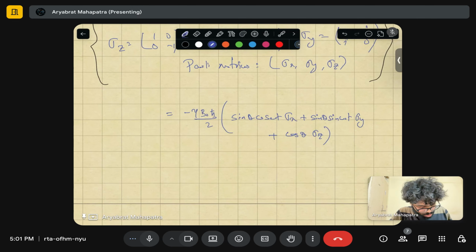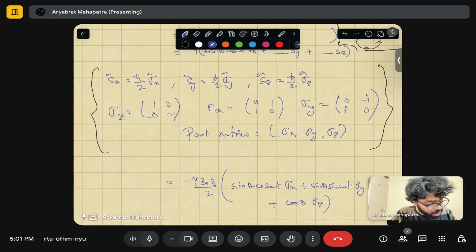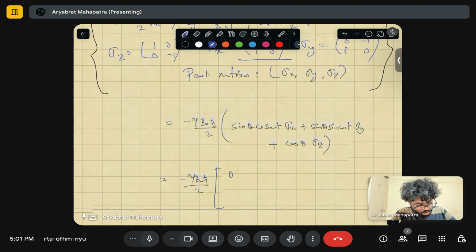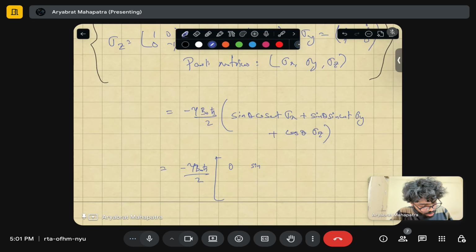So this will be minus gamma B naught h bar by 2 times a matrix. If you use the sigma x matrix, it will give you 0, sin theta cos omega t, sin theta cos omega t, and 0.